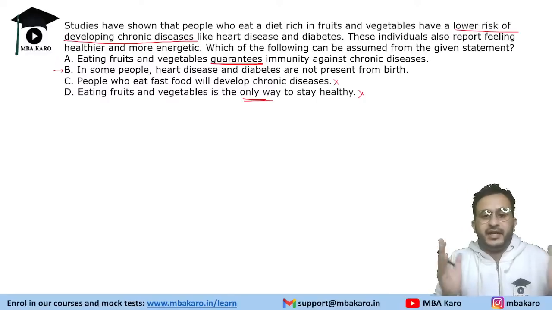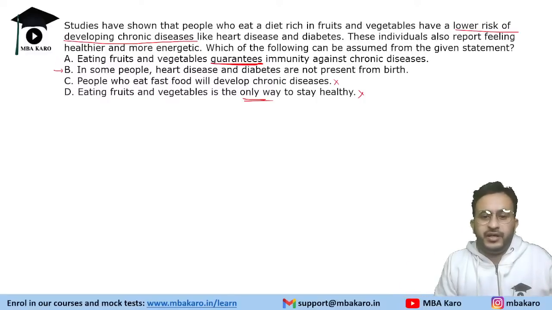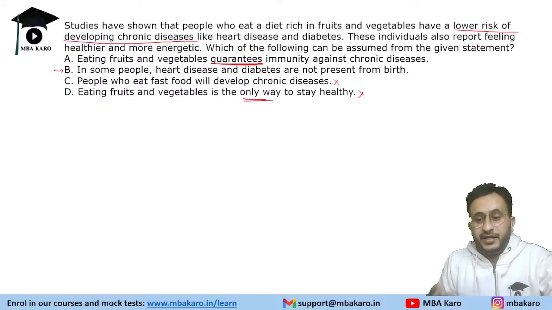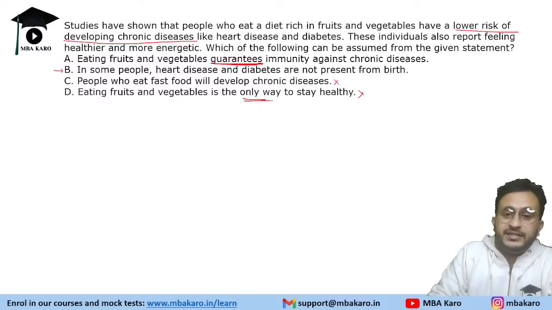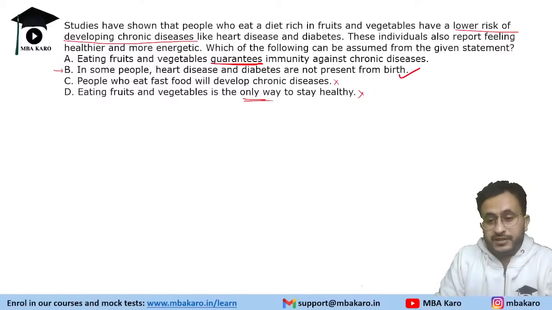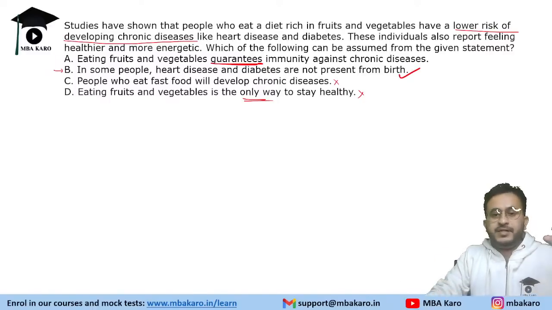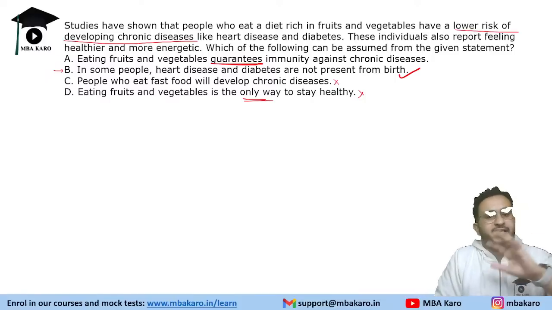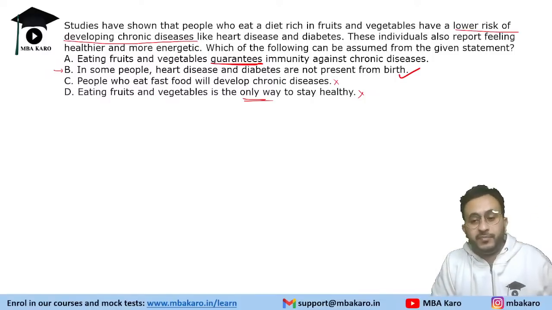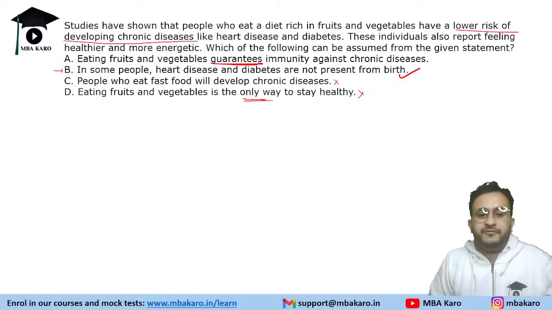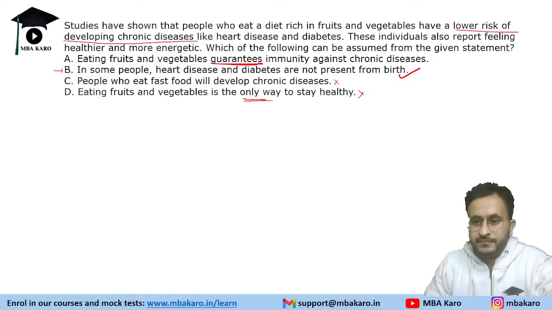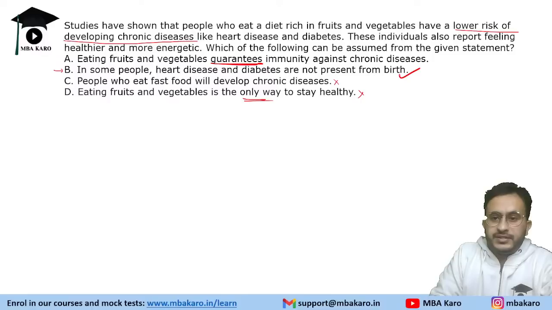That means they do not have the disease from birth. They will develop it later, right? So in some people, heart diseases are not present from birth. They develop it, and in these people, eating fruits can help reduce that risk. So that is an assumption.